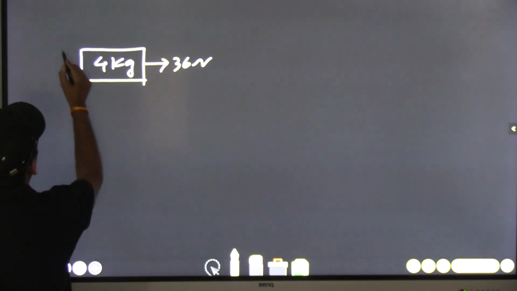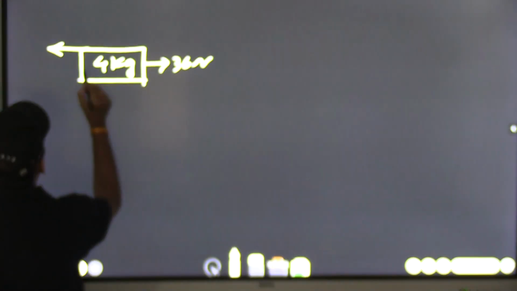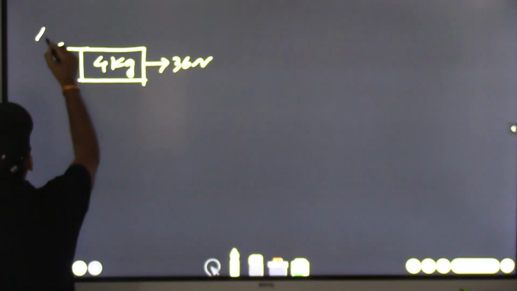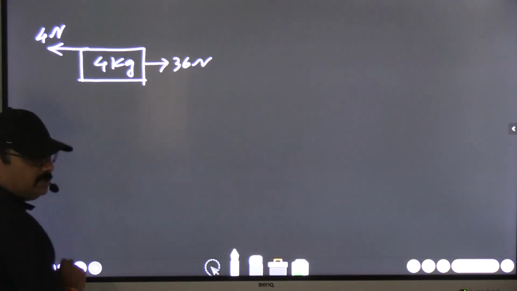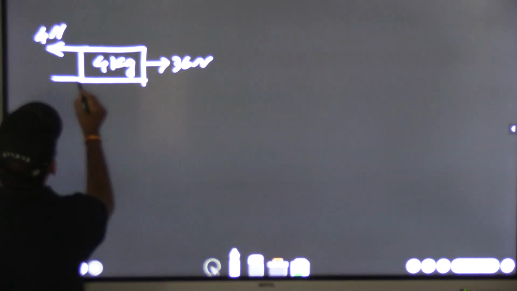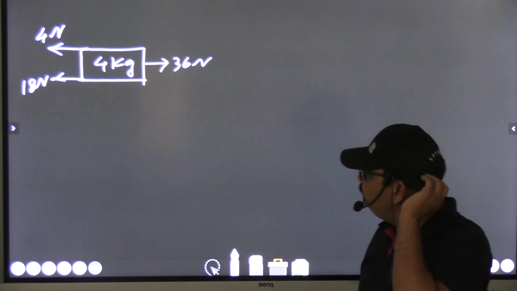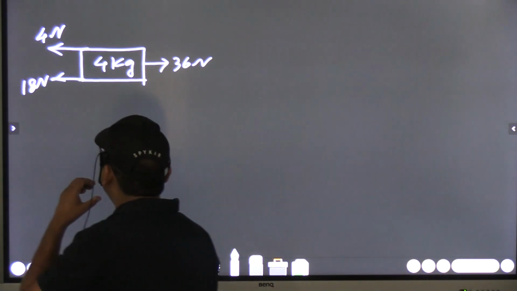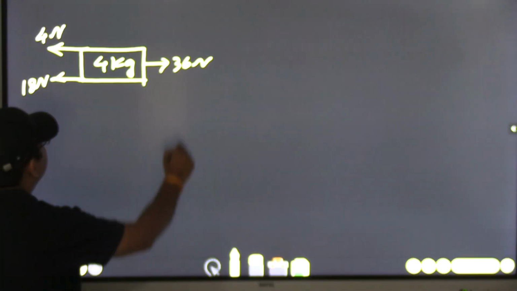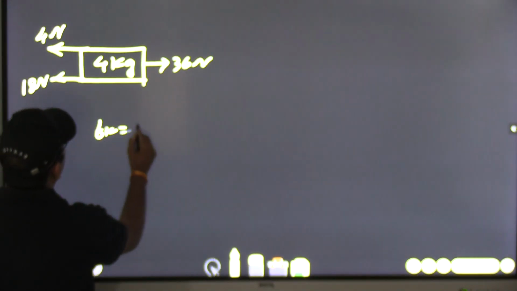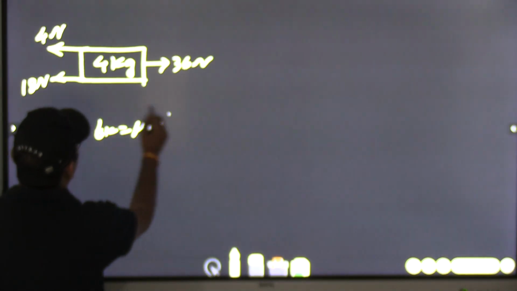As I told, the force exerted by the upper body is 4 Newton. And the friction exerted by the surface on this is 18 Newton. See, the magnitude of kinetic friction is mu k times normal reaction.